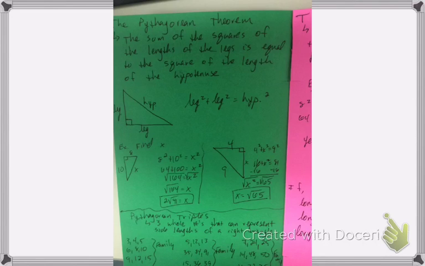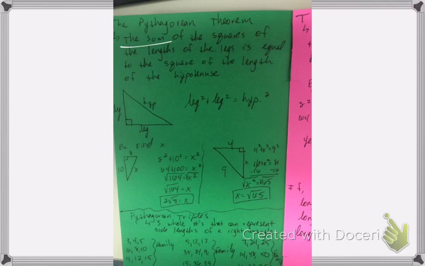The Pythagorean theorem itself is written out here for you, where it says that the sum of the squares of the lengths of the legs is equal to the square of the length of the hypotenuse.